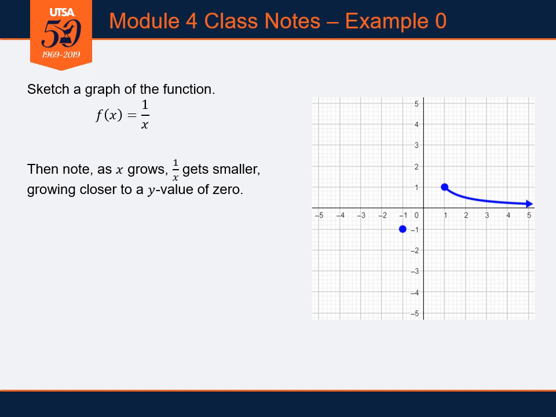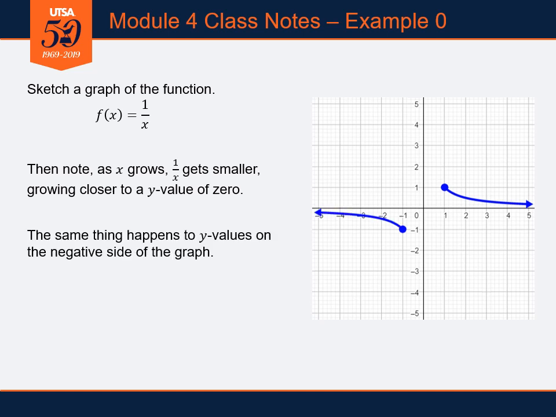So we have this piece of the curve from that point (1, 1). As x gets larger, as we move to the right, the y values are getting closer and closer to 0. So we have this branch of the curve of our function. And if we follow a similar argument, the same thing happens to y values on the negative side of the graph.